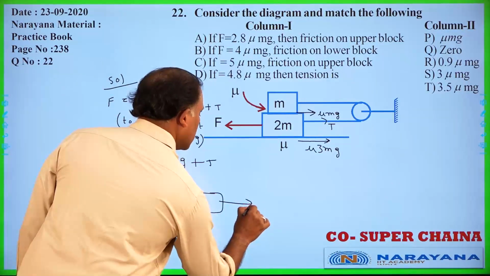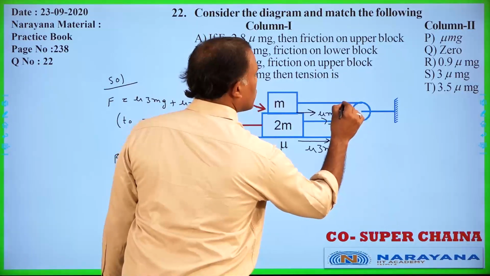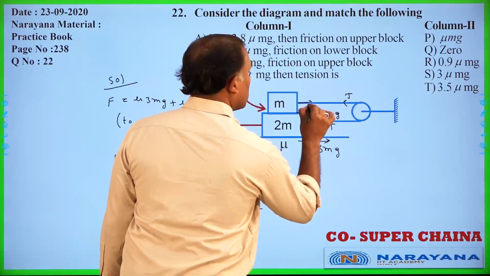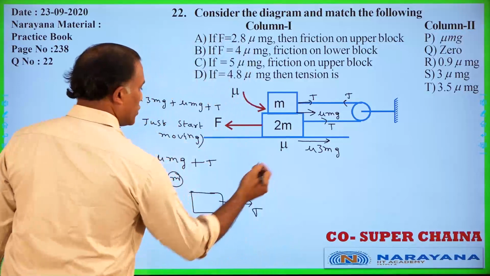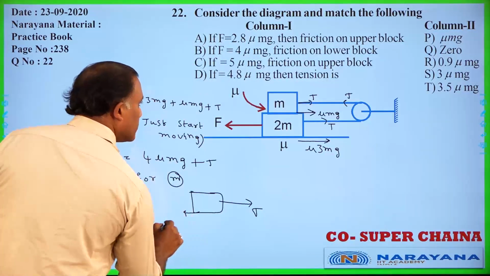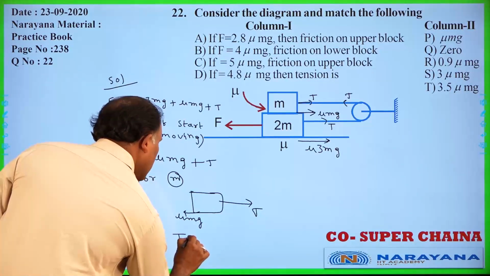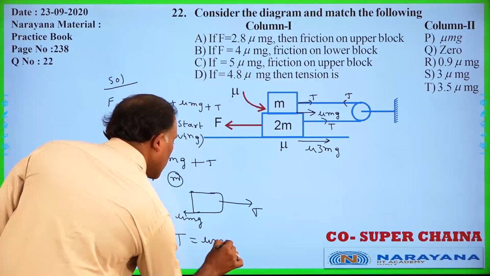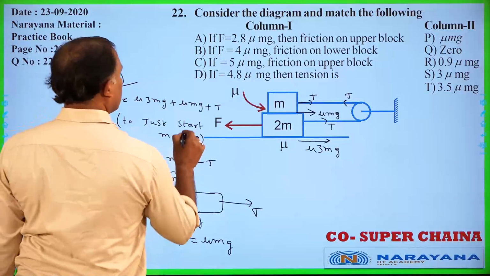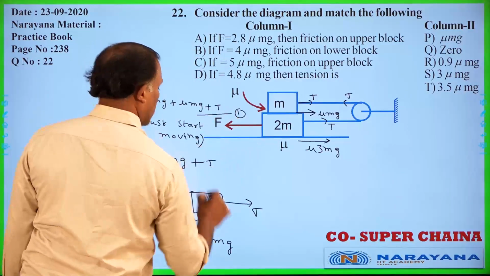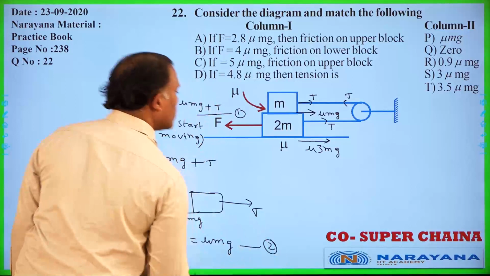Here is the tension T, and here also tension T. Tension T is on this side, and friction will be this side, that is mu mg. So from that we can write T is equal to mu mg. Let me take this as equation 1 and this as equation 2.